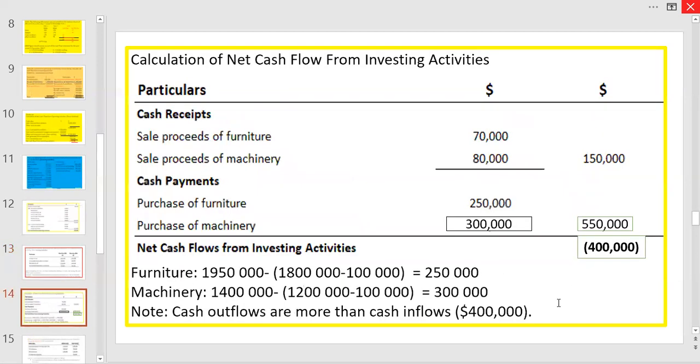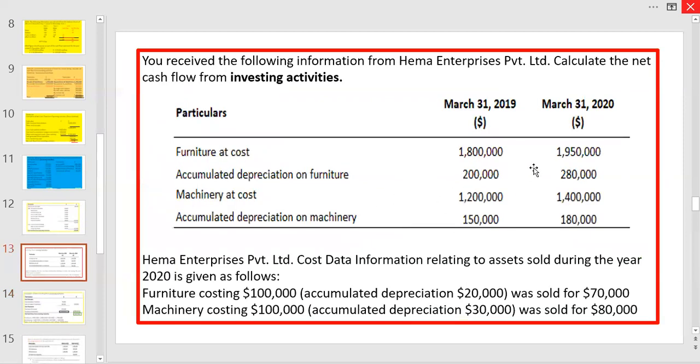If you look at the question, you will see there is a movement of the fixed assets indicating there are some purchases as well. Furniture 1,800. After the sale of 100, it should have been 1,700, but presently it is 1,950.